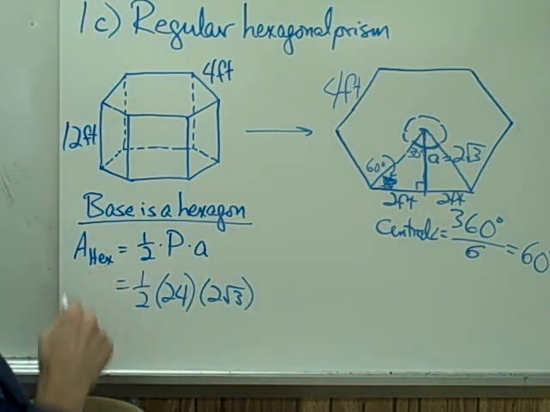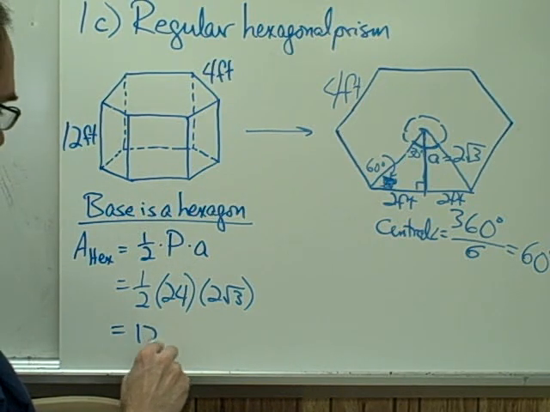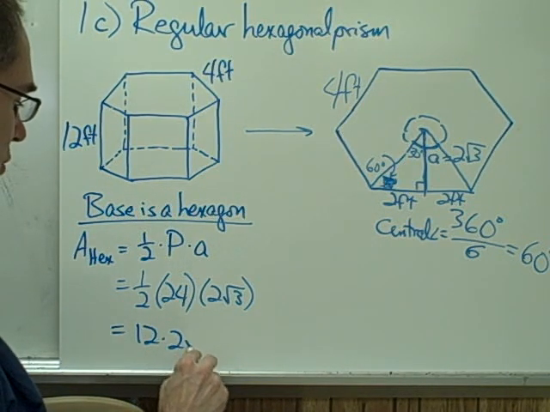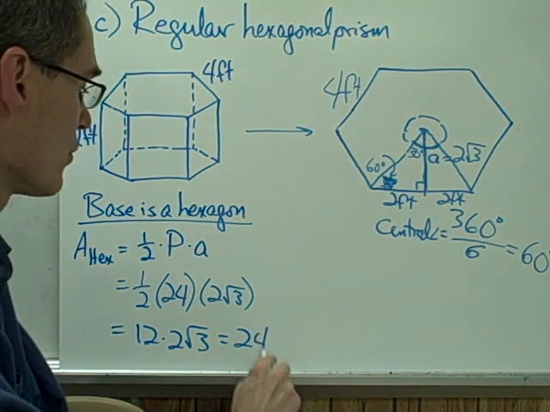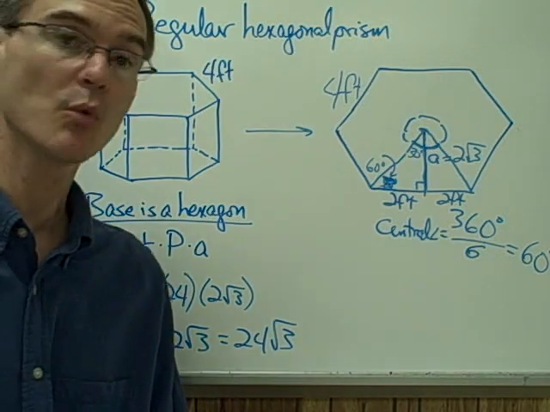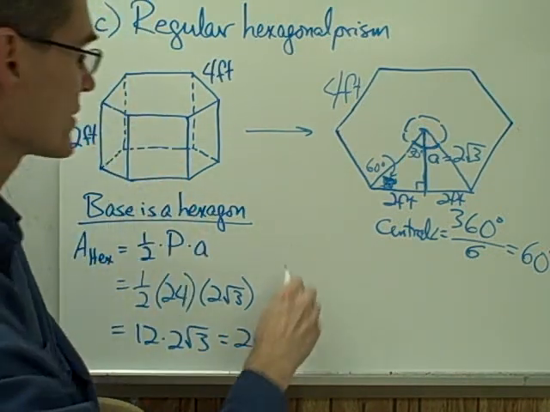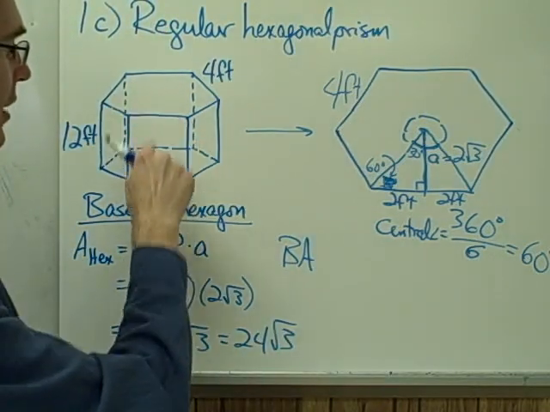Now I can calculate the area of my hexagon. 1/2 times 24 is 12. 12 times 2 radical 3, so 12 times 2 is 24 radical 3. And now again, I'm not finished because I want the base area of my prism, and the base area is the area of both of my hexagons.